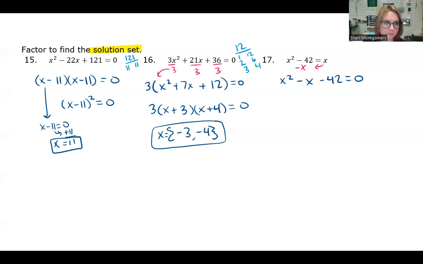And so 1 times 42, I'm looking for factors of 42. 1 and 42, I know it's divisible by 2, so 2 and, I don't think 3 goes in there. What about 4? 4 won't. 6 times 7. So we're looking for a pair that if we put them together, we would get 1. So the two numbers have to be really close together. Yep, 6 and 7 will work.